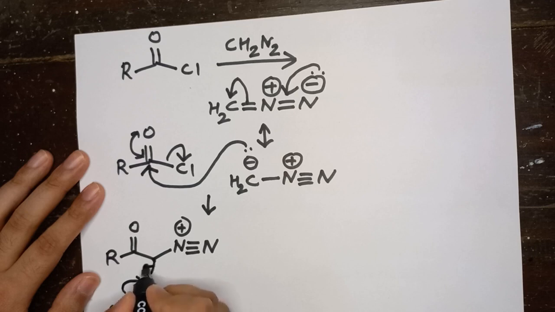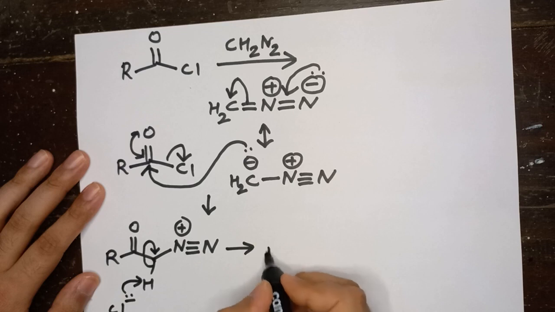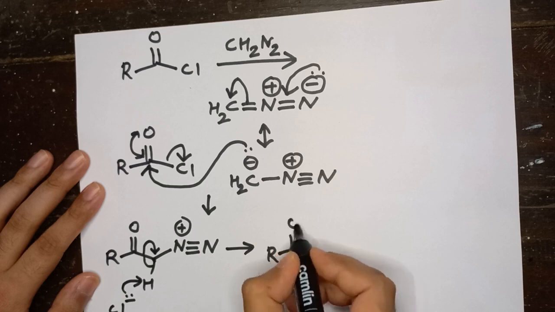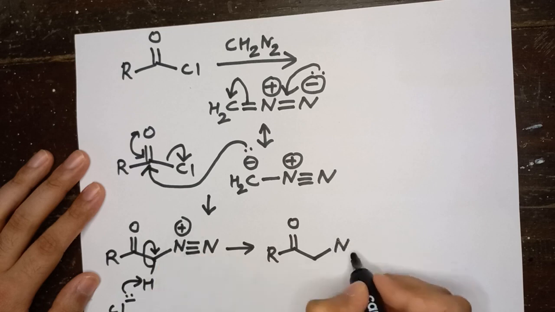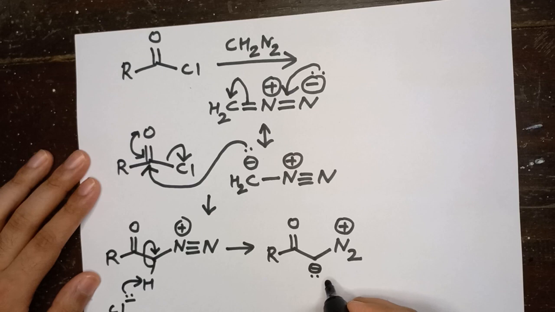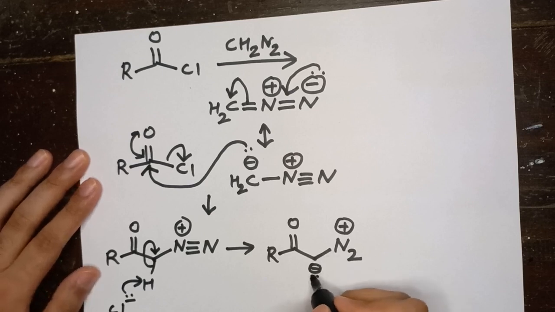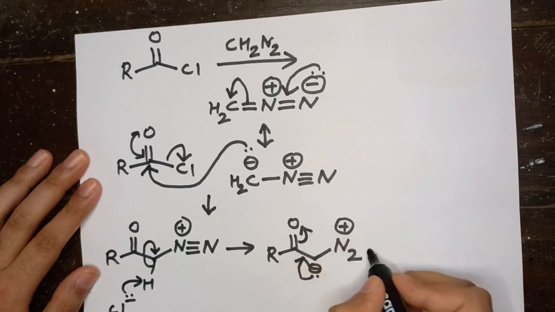and it will form a carbanion at this center. I can write this whole molecule as N2+. So now I have a carbanion. So this is going to go in resonance with this carbonyl center.